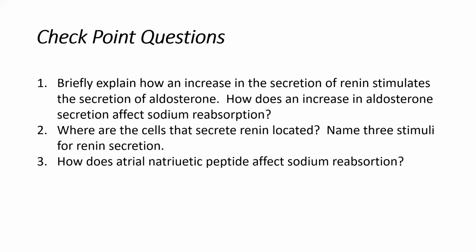So which cell of our 3 juxtaglomerular complex cells would be detecting this decrease in sodium and decrease in chloride in the distal tubule? The macula densa cells, excellent. So the macula densa cells will detect this and they will help to correct this as well. But this is going to be another stimulus for renin secretion.